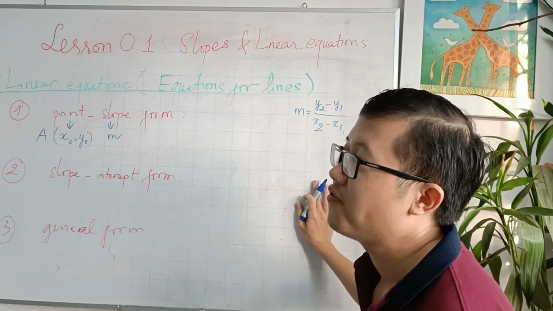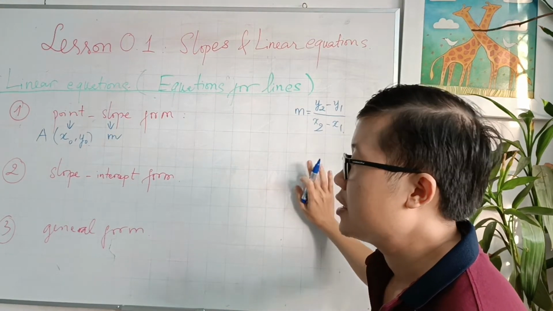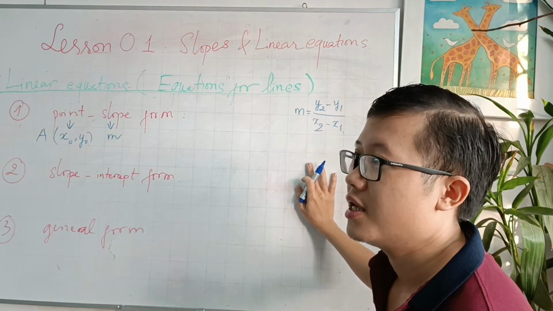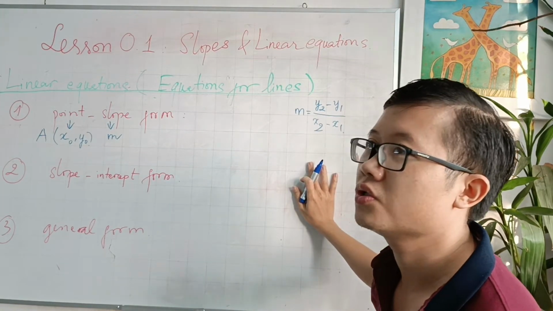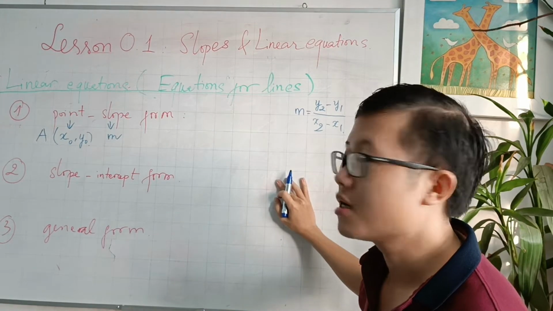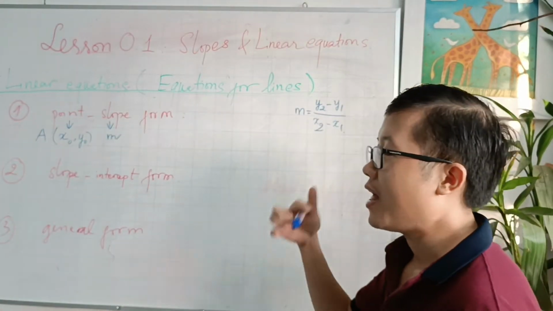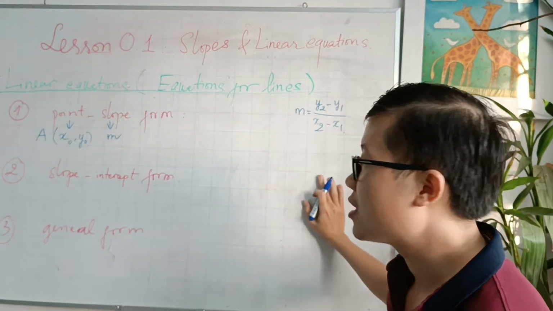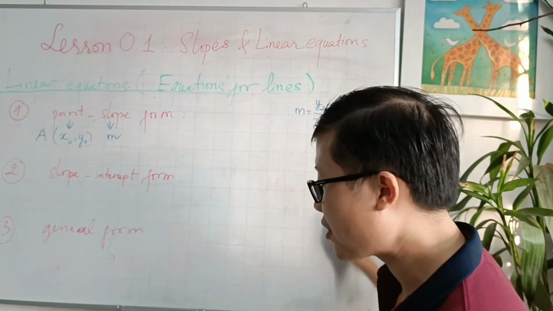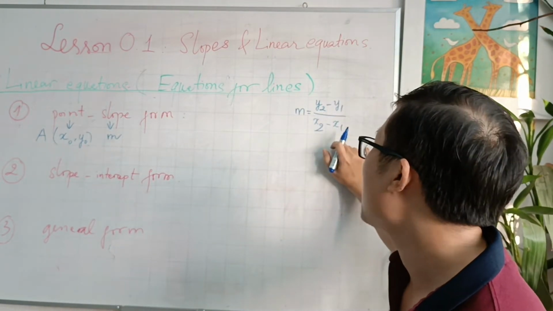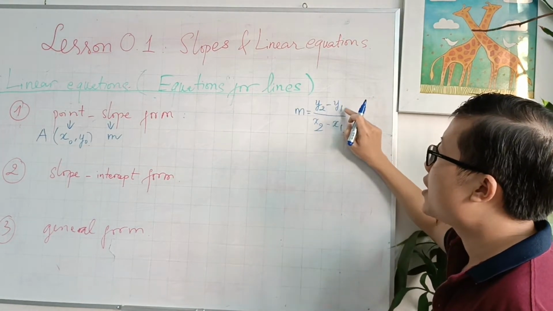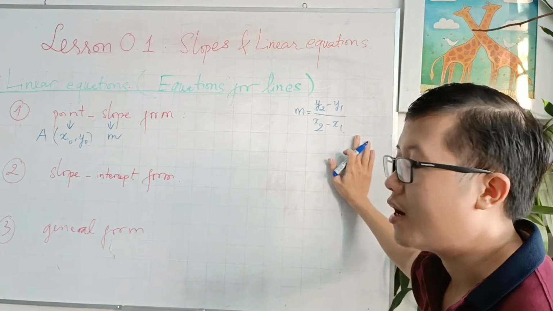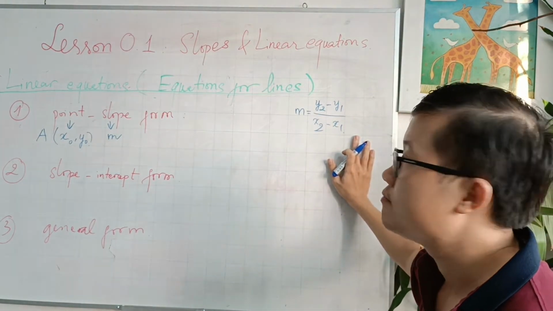I want to remind you that this subject is called algebra, and algebra is used a lot to represent numbers. We can use any letter or any letter with an index to represent a number. We call this letter a variable. So we can write y1, y2, or x1, x2, and we can also write another letter or letter with index.